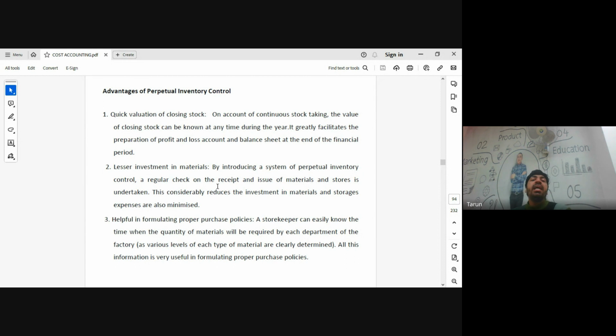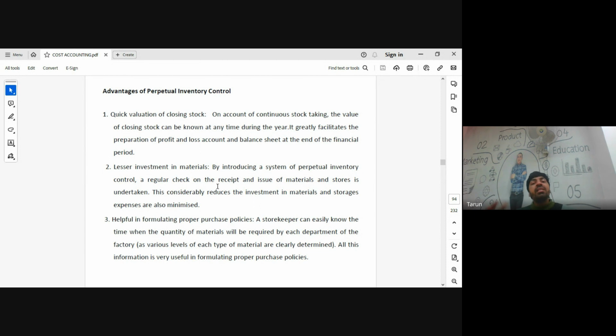Next one is that it is helpful in formulating the proper purchase policy. As I told you, a qualified storekeeper has the responsibility to formulate the proper purchase policy when any sort of material orders are received by any of the departments. It could be the purchase department, the factory department, the finance department, the sales department, or the production department.